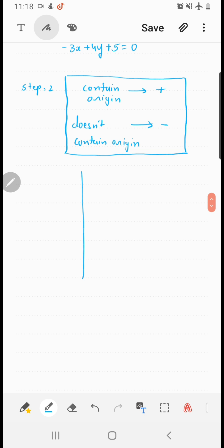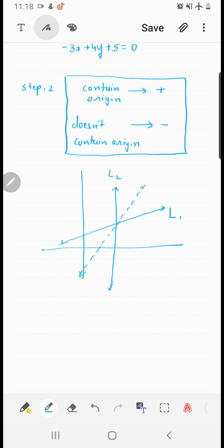If I draw an actual graph, and here I draw, let's say, two lines, and I am talking about the bisector of these two lines, let us say capital L1 and capital L2. As we all know, there are two bisectors, one is this and the other one is this. Here the dotted lines represent the bisectors. Let us call them M1 and M2.